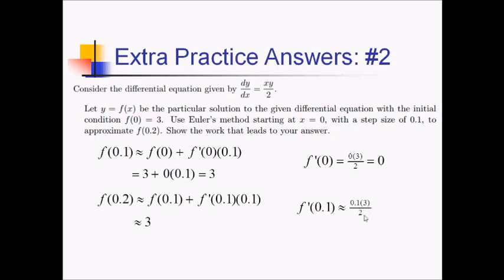So this is 0.3 over 2, which is 0.15. So we've got 0.15 times 0.1 over there. And let's see, if we move the decimal 1 more to the left here, that's 0.015. So then 3.015 ends up being our final answer.